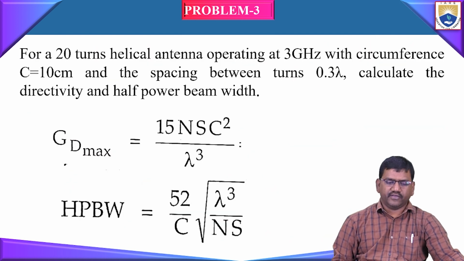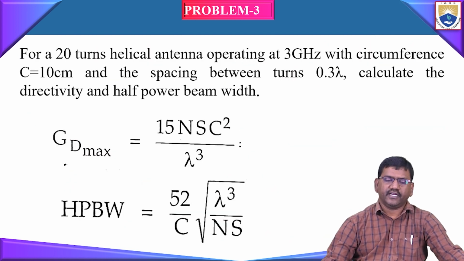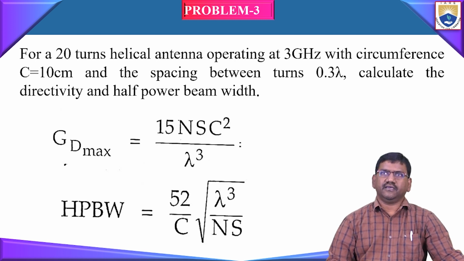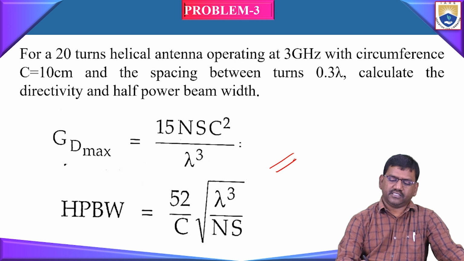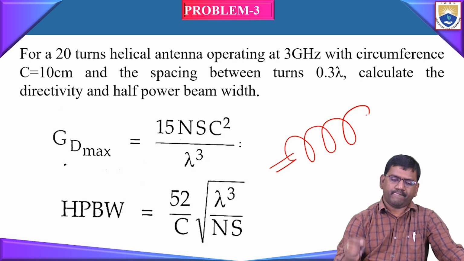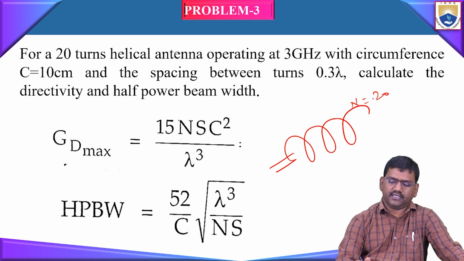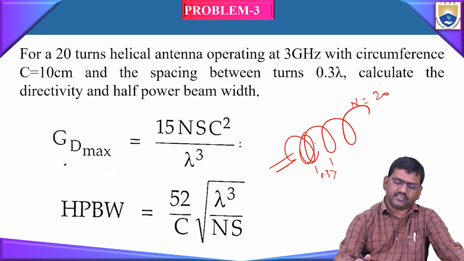So this is how to simplify the problem. For the given data, all the data will be given in the problem. That is a 20 turn helical antenna, this is the helical antenna, you can see here. The number of turns is equal to 20, the spacing between the turns is given as 0.3 lambda, and the circumference is given as 10 centimeters.